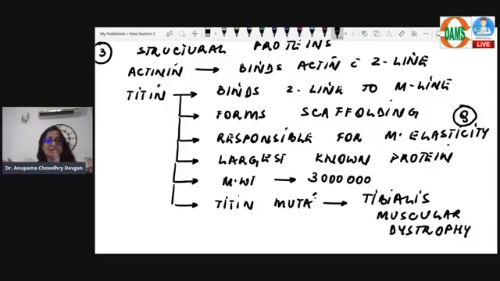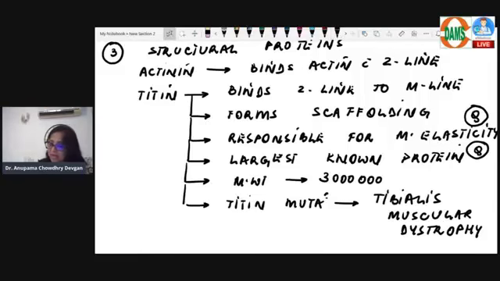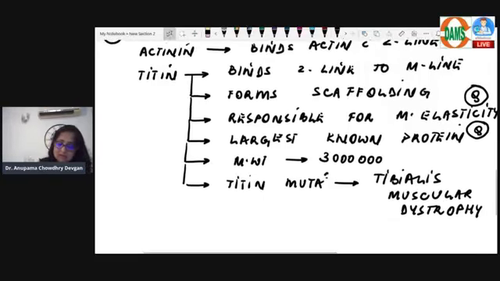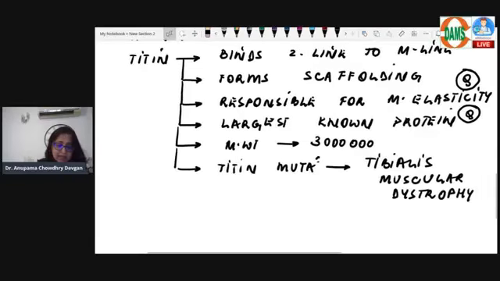So titin binds the Z line to M line, forms a scaffolding, and is responsible for muscle elasticity. It is the largest known protein. Molecular weight is 3 million. Titin mutation gives rise to tibialis muscular dystrophy.